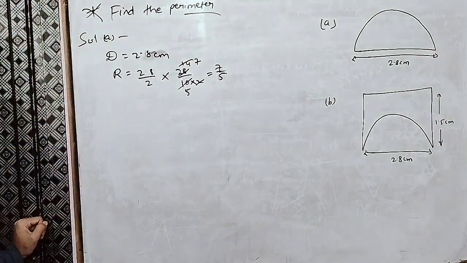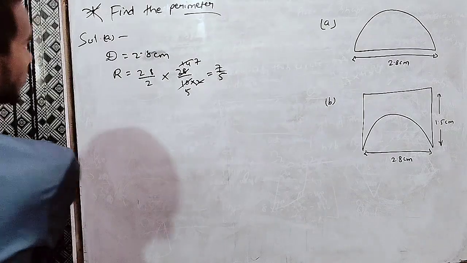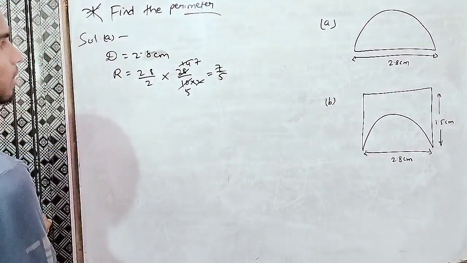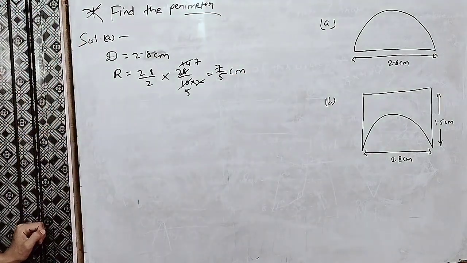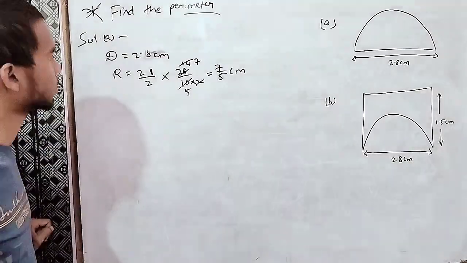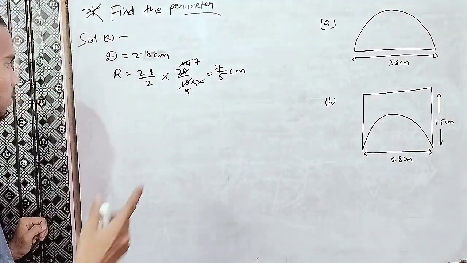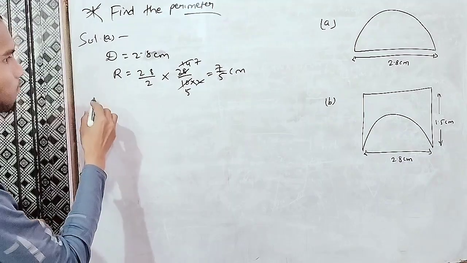Radius is 7 by 5 centimeter. Clear? Now we don't have the measure of the curve length of this semicircle.